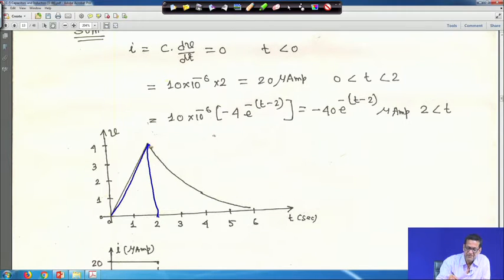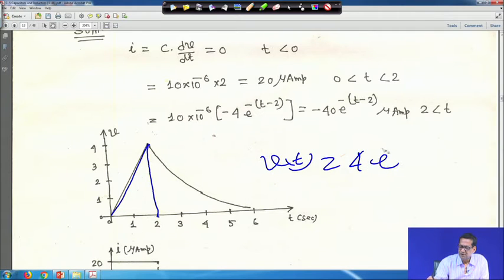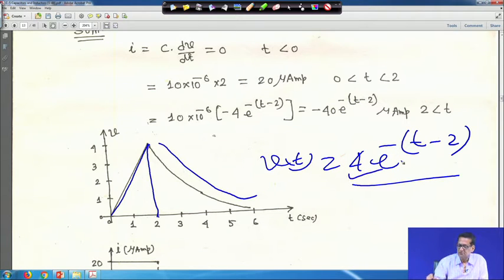So V(t) is equal to 2t between 0 and 2, and when t is greater than 2, V(t) is 4 e to the power minus (t minus 2), as given in the problem. This is the plot of V(t), where t is in seconds.